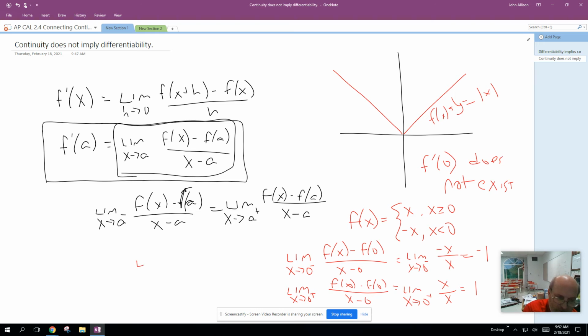And since the limit from the left does not equal the limit from the right, then f prime at 0 does not exist.